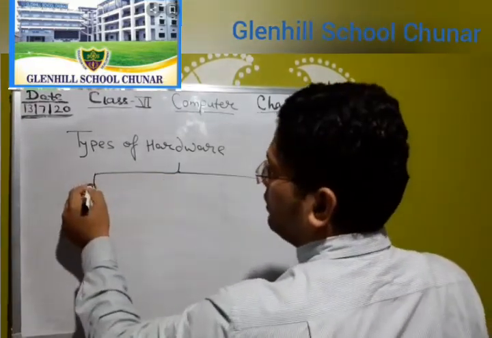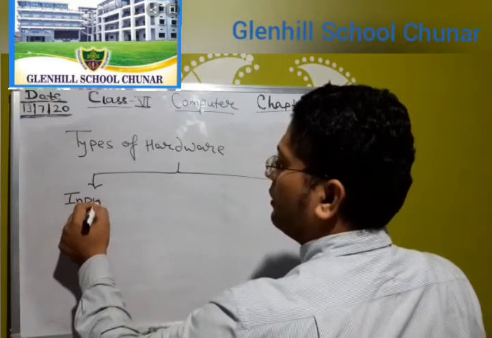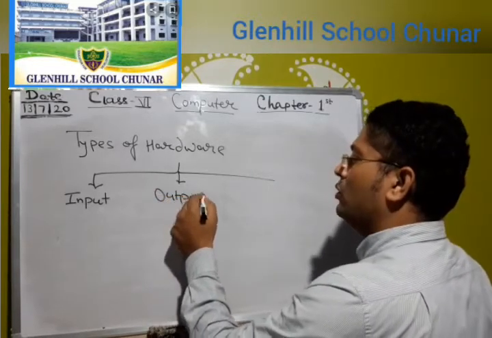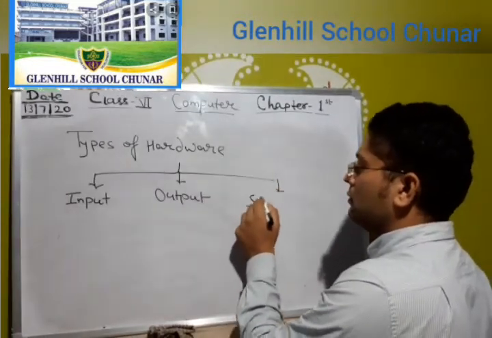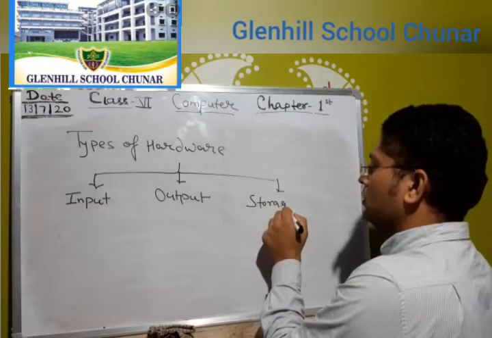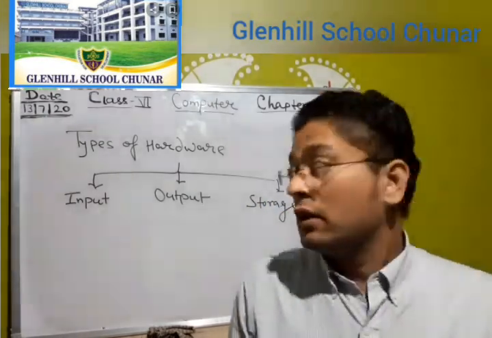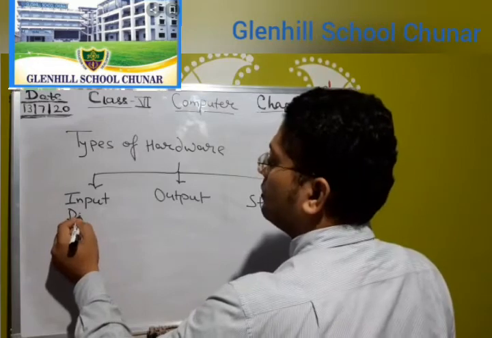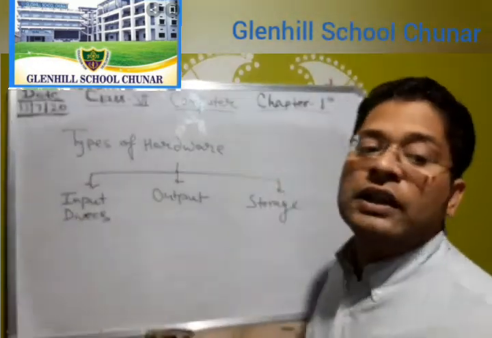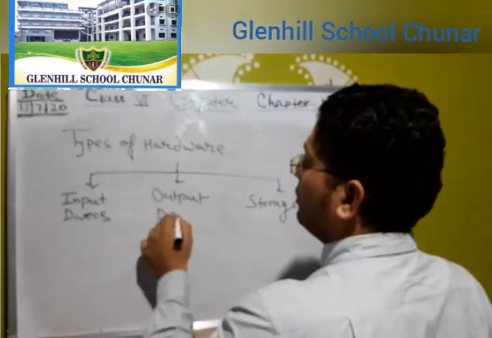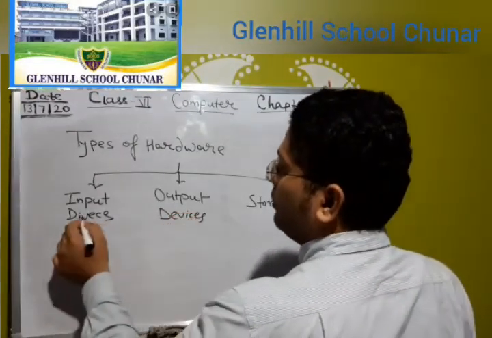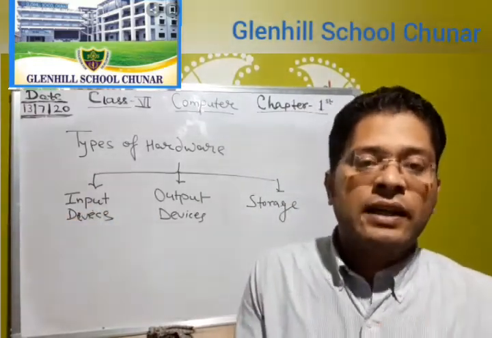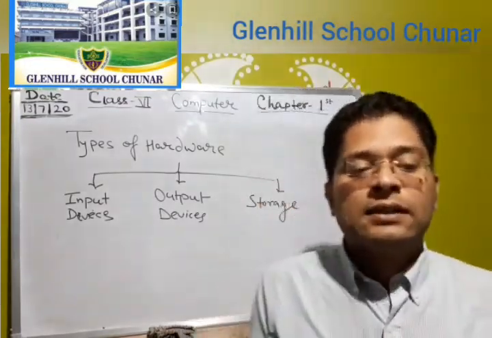Okay, students. So hardware has three types: input, output, and then the last one, storage. So what is an input device? Do you have any idea what an input device, a storage device, and an output device are?